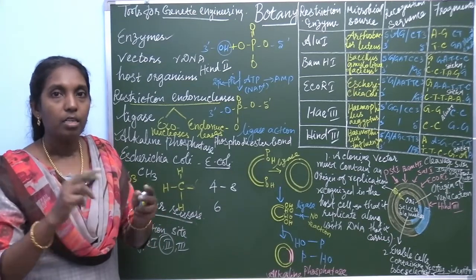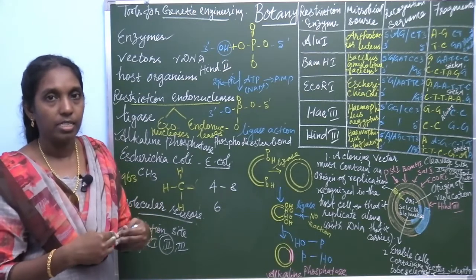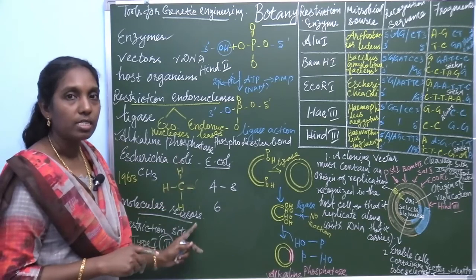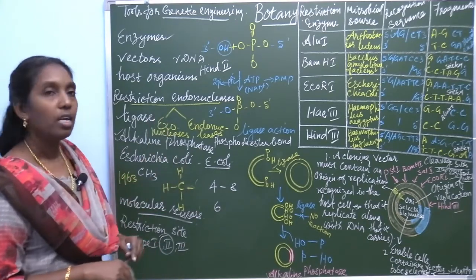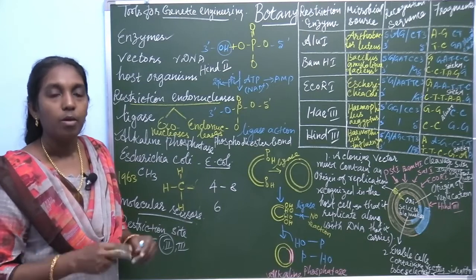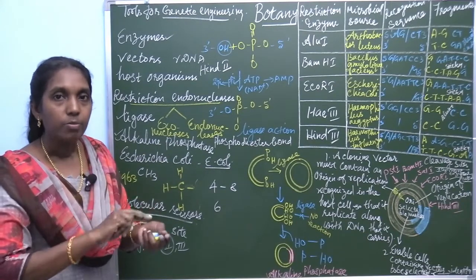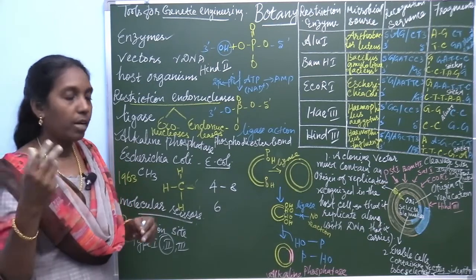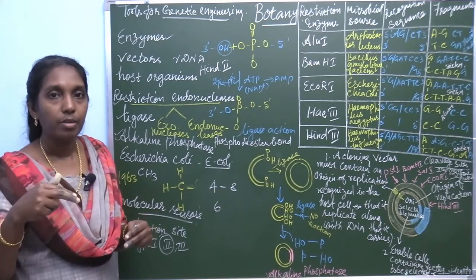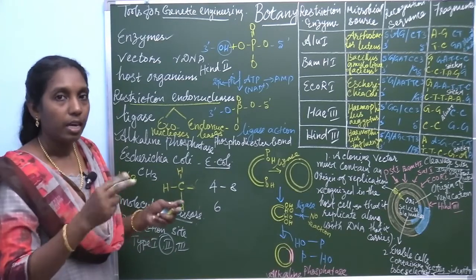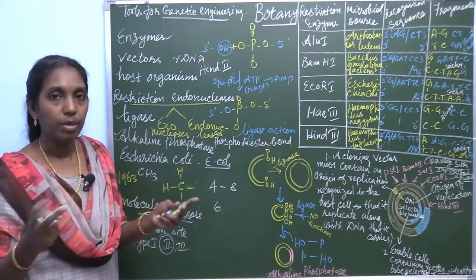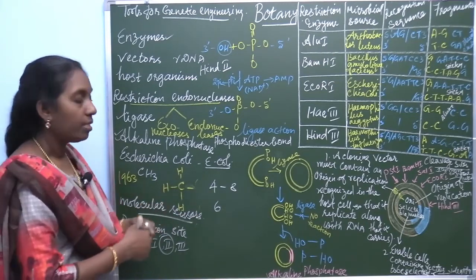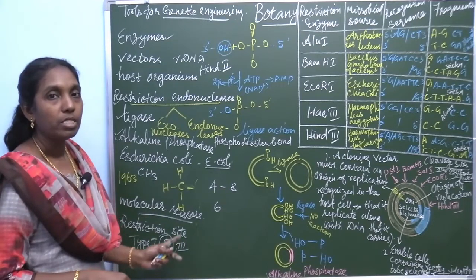For making a cut, molecular scissors, the restriction endonucleases, are used. By the use of this enzyme, the plasmid as well as the desirable gene fragments selected from the isolated organism can be cut open. So, both the plasmid and the foreign DNA sequences are cut, and the foreign DNA is inserted inside the vector by means of restriction endonucleases.